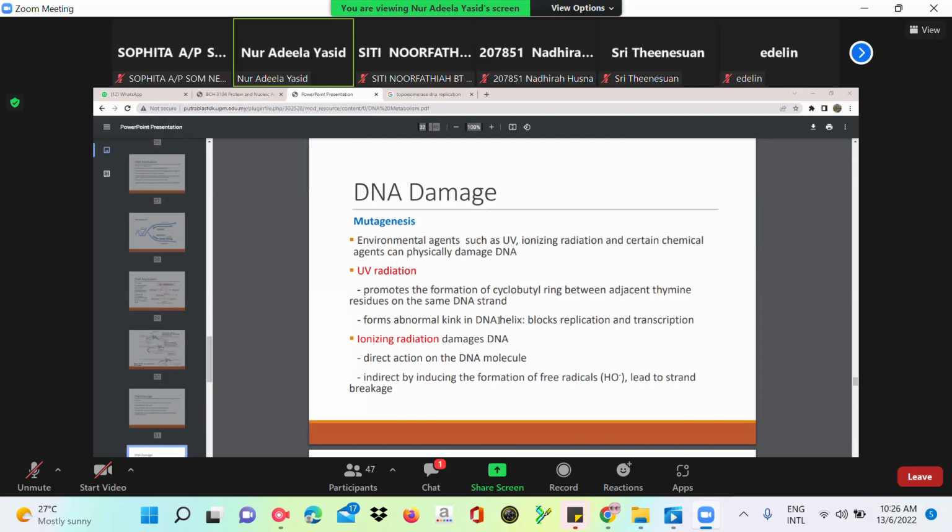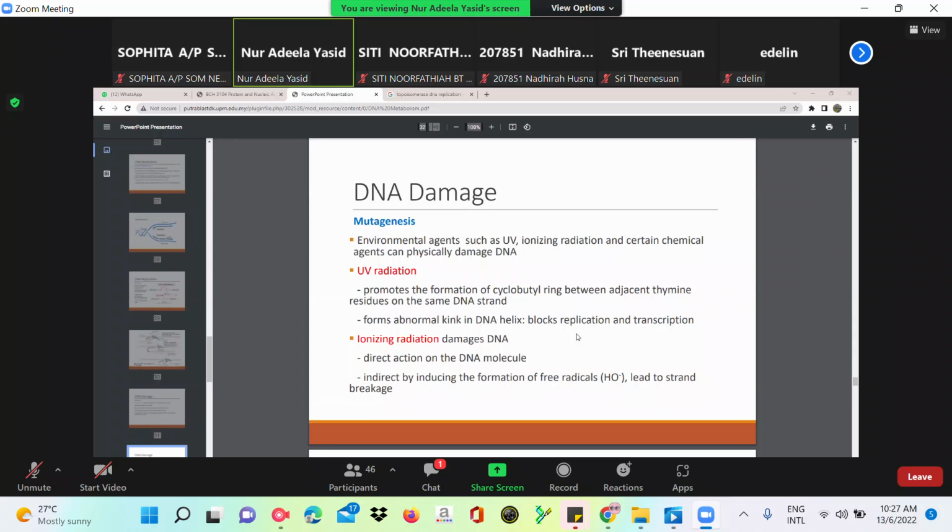We know what the double helix structure looks like, so when there is UV radiation, it will form an abnormal kink and become different. The consequence is that it will block replication and also the transcription process. From replication, transcription and translation follow. So if replication and transcription are blocked, what else? Translation. So you cannot translate.